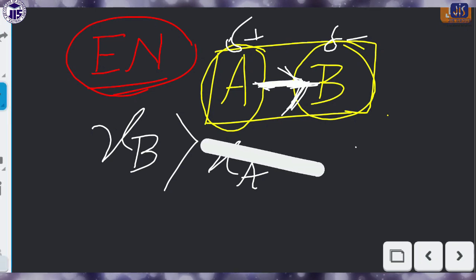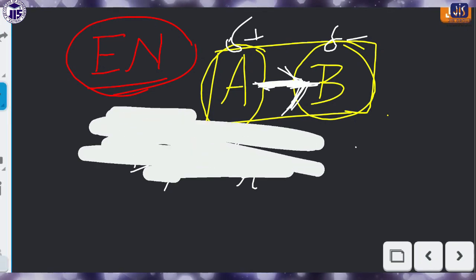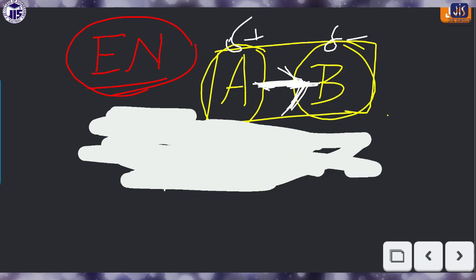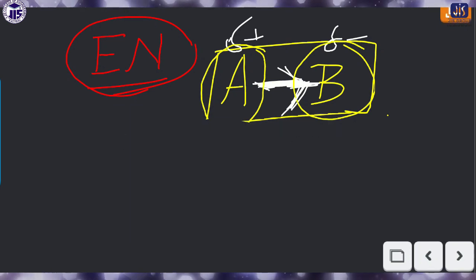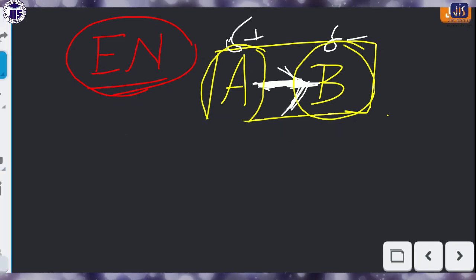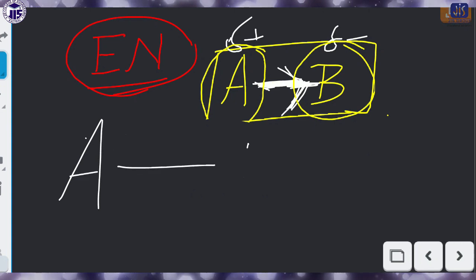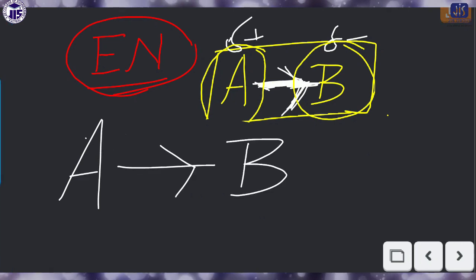Electronegativity can be defined in this way: it is the tendency to attract the bond electron pair towards itself. Just keep in mind, there are some terms which you have to mention in the definition. It is not an inherent property; it is a relative property. What is the meaning of relative property?